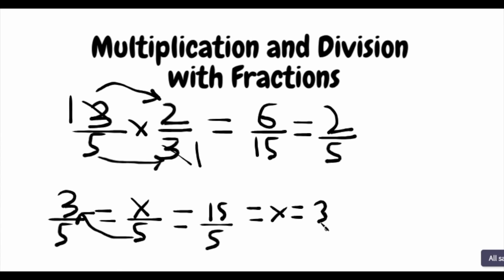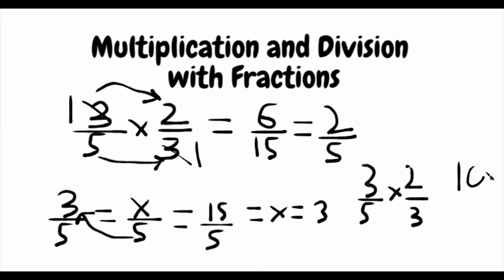So that's an example of multiplying across, okay? But what you don't ever want to do is, if we go back to the original example, we had 3/5 times 2/3. For some reason, when people think about cross multiplication, they want to try something like this. They want to do 3 times 3 and 5 times 2, and then they think, well, 5 times 2 gives us 10, 3 times 3 gives us 9.